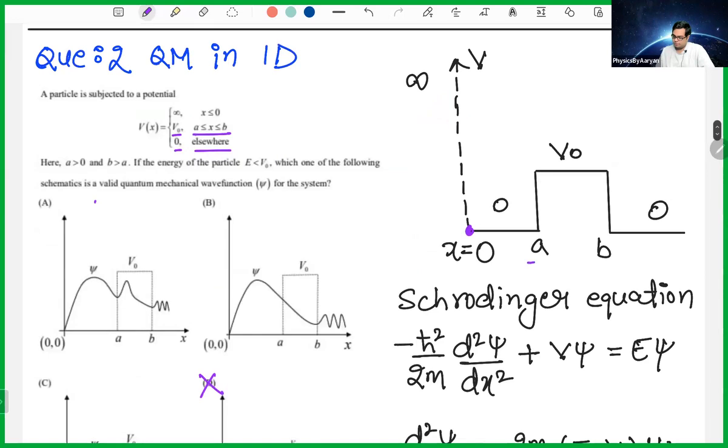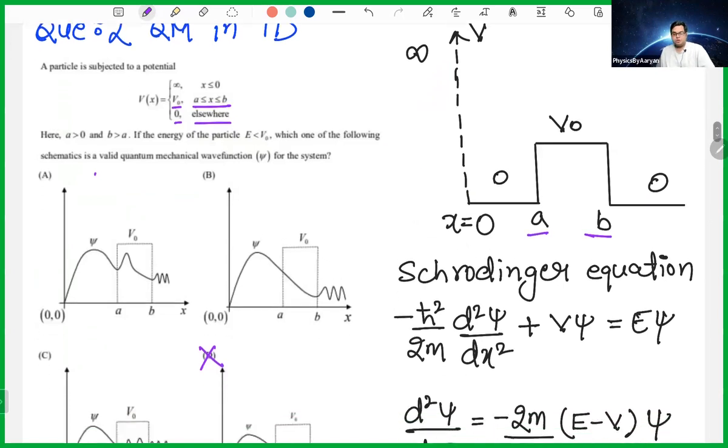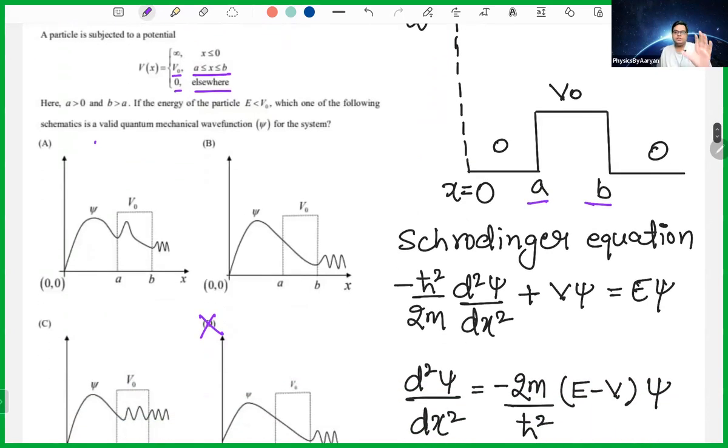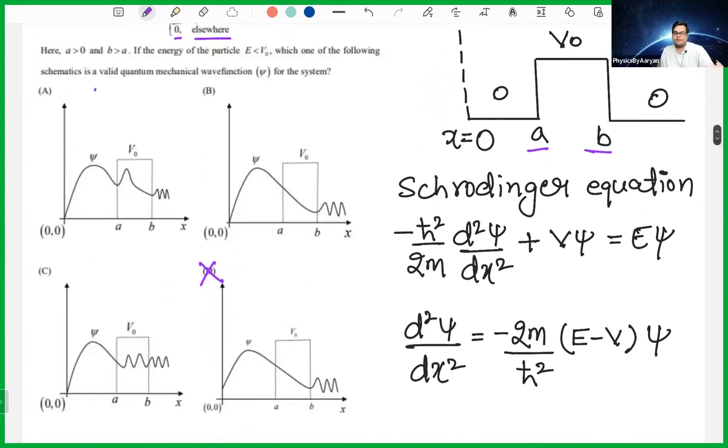So when your x is from A to B, your potential is V naught, and everywhere else your potential is 0. Very nice. There are two kinds of wave functions you are seeing in your diagram. One kind is oscillating wave functions, you see the oscillations, sine, cosine wave.